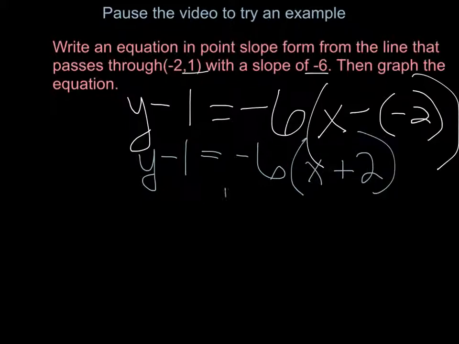So now you use the point that you've been given, which was (-2, 1). And so we use that point.